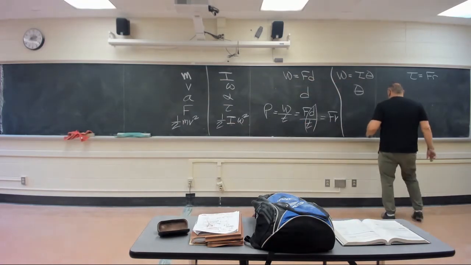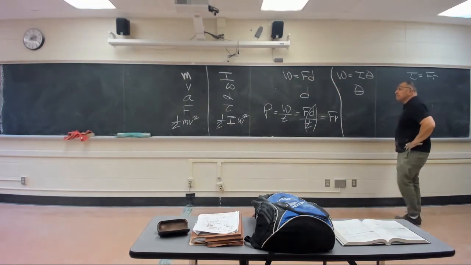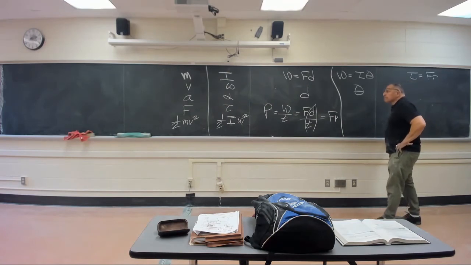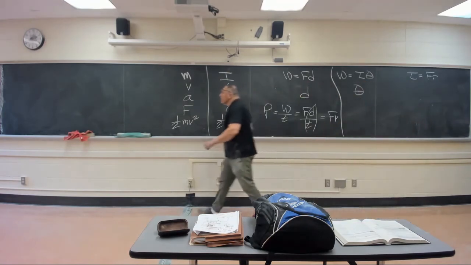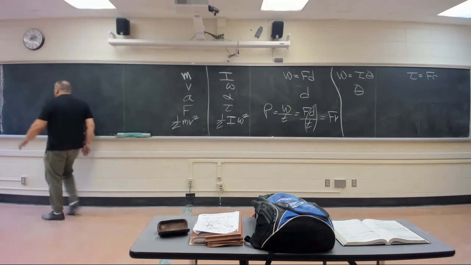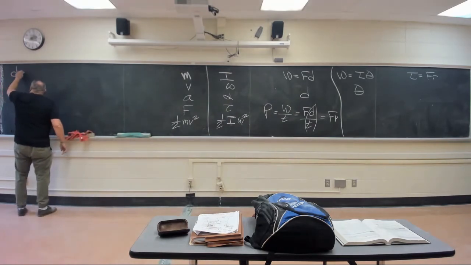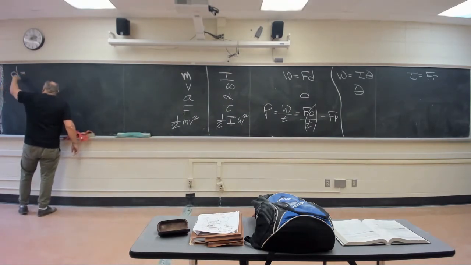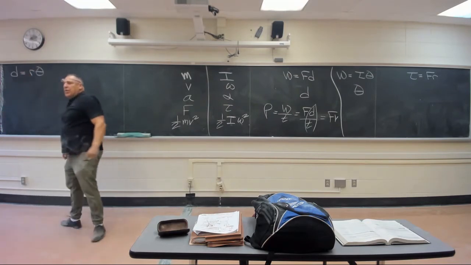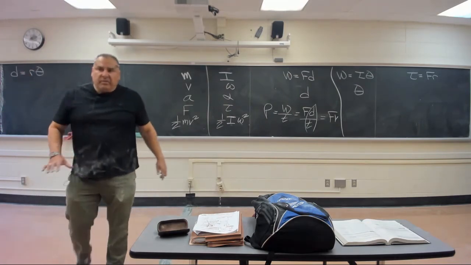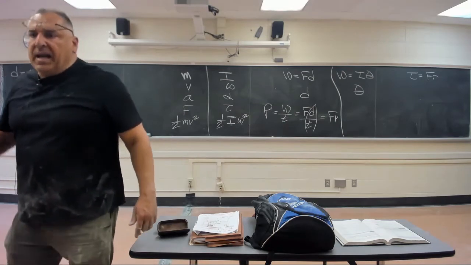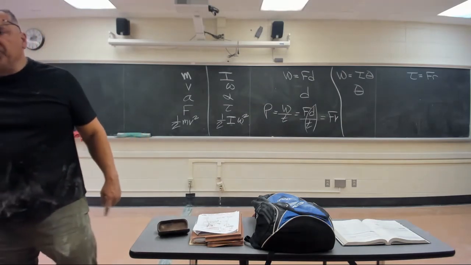We know distance traveled, in the rotational realm, is the length of the moment arm times theta. Theta is in radians. R times theta will give you the length of the arc that you have traveled.